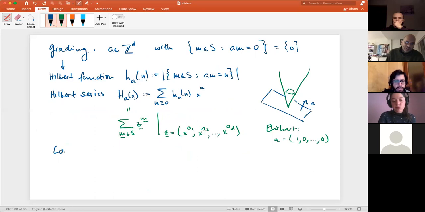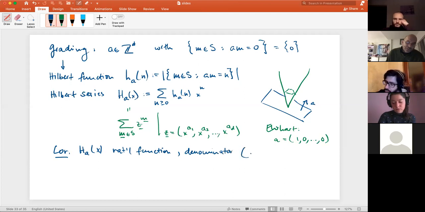The corollary says that this Hilbert series is a rational function with a denominator of the form one minus x to some power p, all to some power q. So I have different factors of 1 minus x to some power.